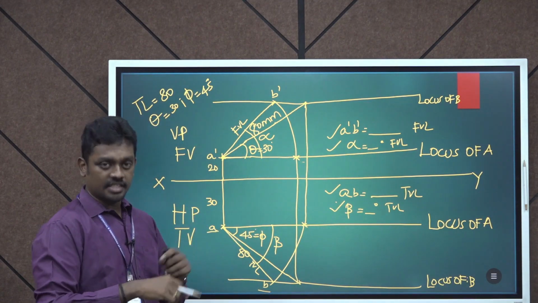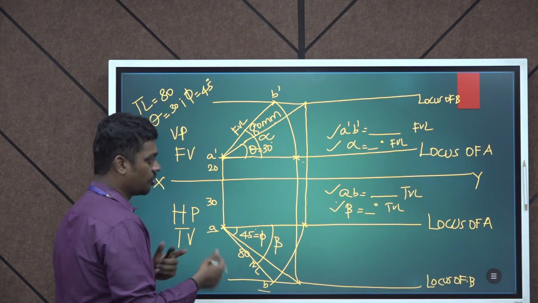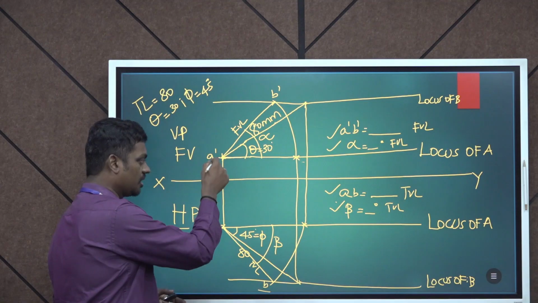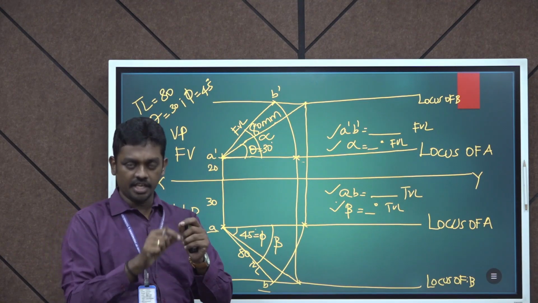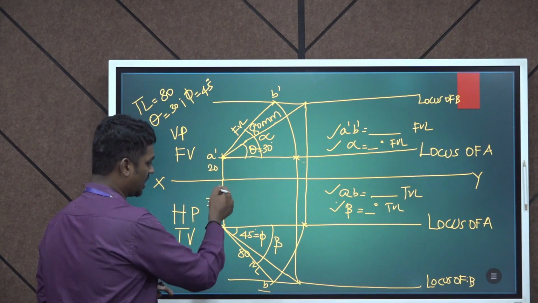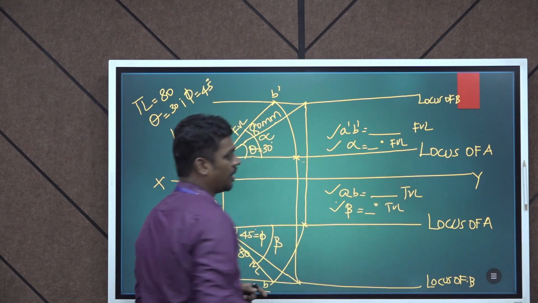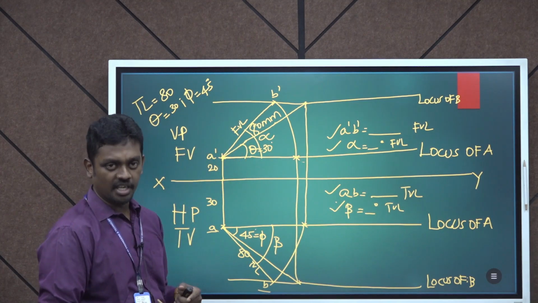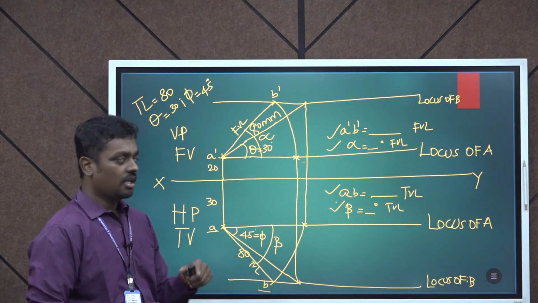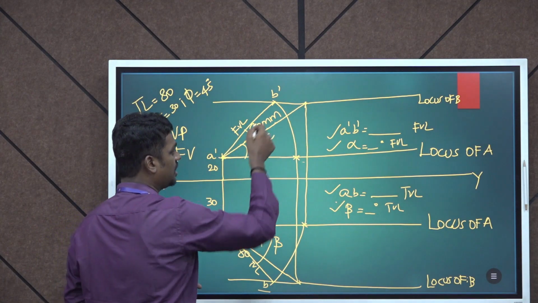So, just I will give you a quick hint. What we are going to do is mark the location of A. The locus of A needs to be fixed first. So, 20 mm above HP they have given and 30 mm in front of VP. So, I have plotted that and connected it using a line extended to name it as locus of A. Then the true length is drawn first, at an angle of 30 degrees in the vertical plane.